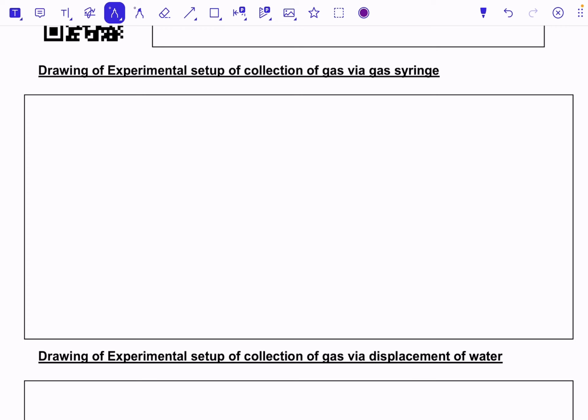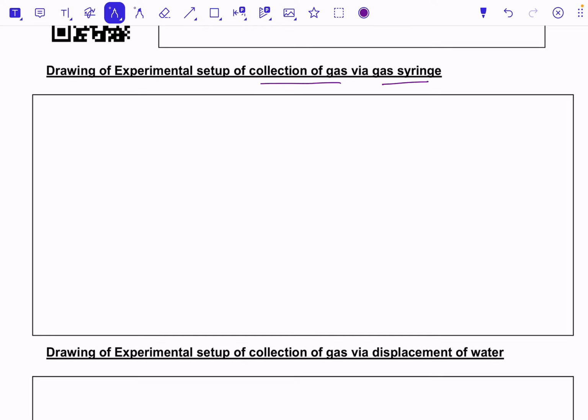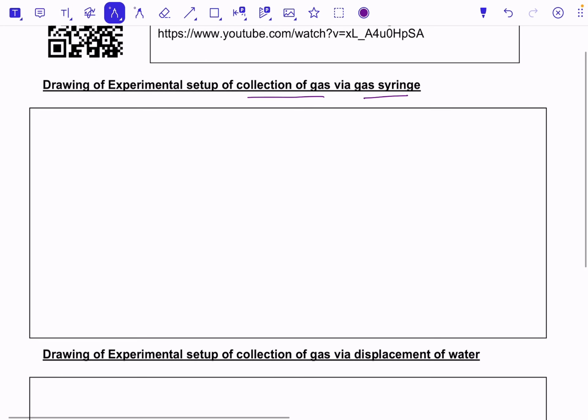First, to draw the collection of gas via a gas syringe, you must start off with an apparatus whereby there's a reaction that produces a gas. The apparatus that I will use for this reaction to take place is a conical flask. To draw a conical flask, you just need to draw two short lines and a long horizontal line like this, so it looks like a poker face, right?